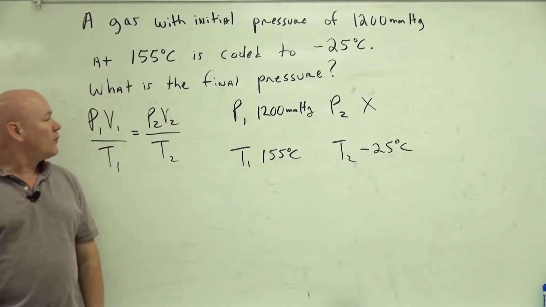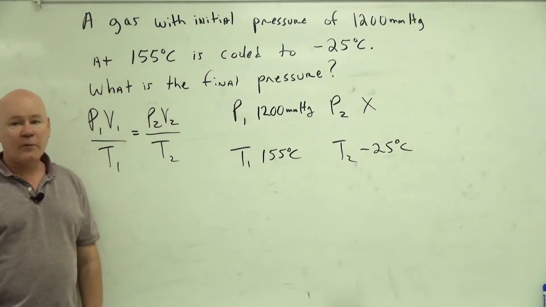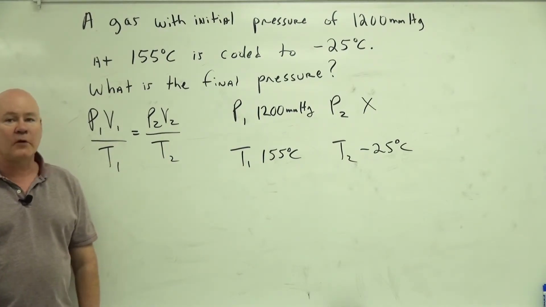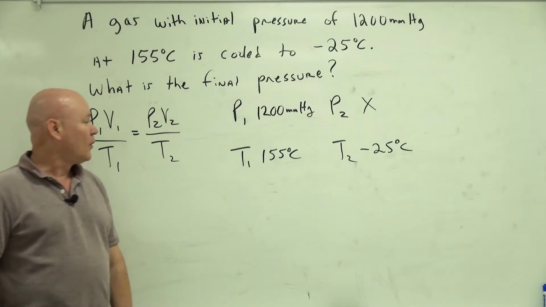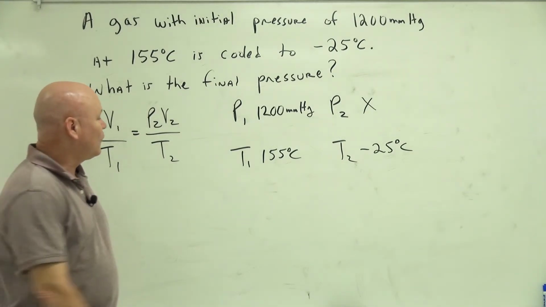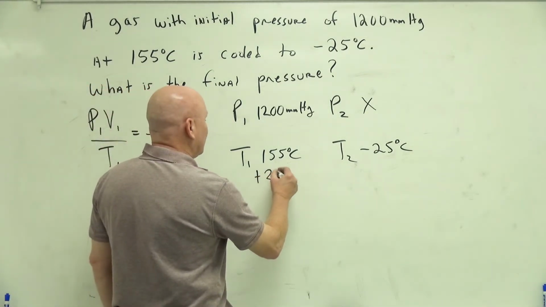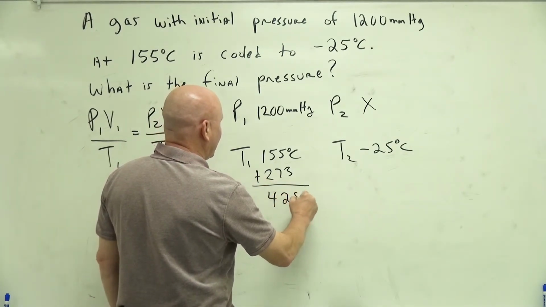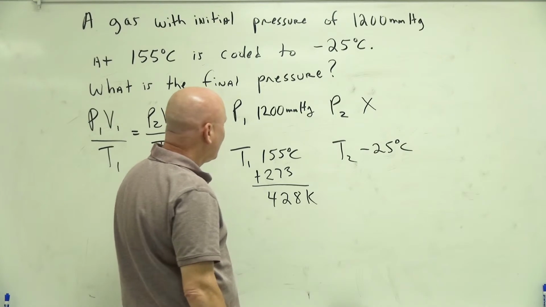Now, once again, anytime we have a problem, we have to make sure that we have the correct units. Millimeters mercury is just fine, but there's a problem here with the temperature. It has degrees Celsius. So we will have to add 273 to get these into Kelvin. So this would be 428 Kelvin.